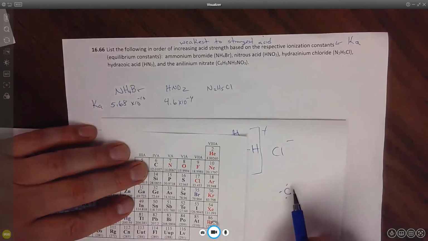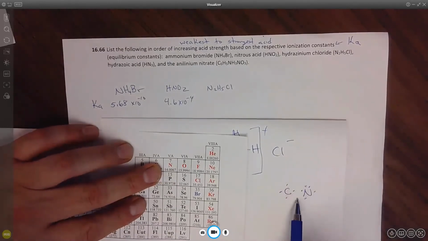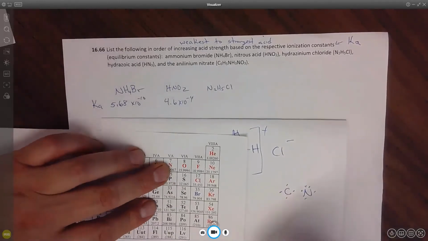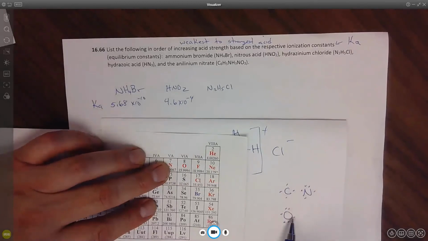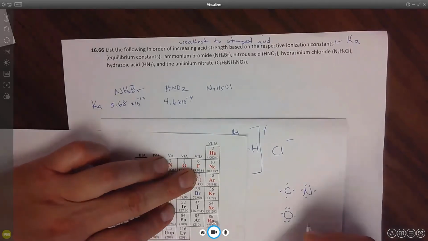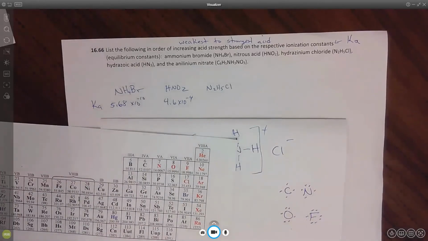Nitrogen, having 5 valence electrons, can form 3 bonds and have a lone pair. Oxygen, being in group 6, can form 2 bonds, whether 2 singles or a double, and have 2 sets of lone pairs. And the halogens have 7, so generally only form a single bond.